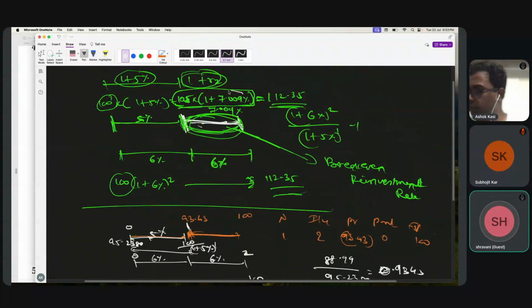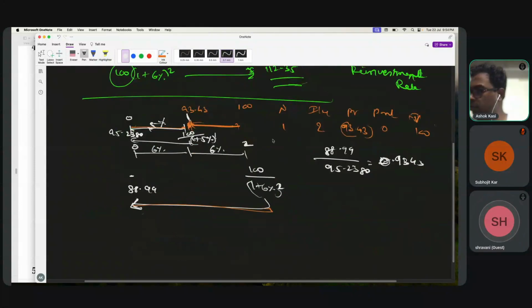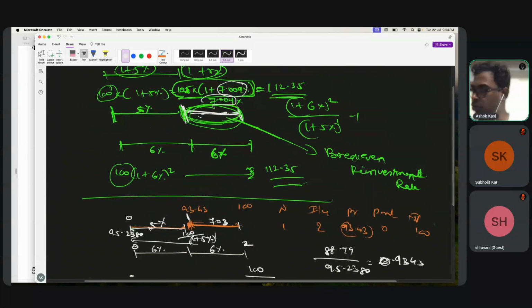You are getting 7.032, yes. 7.003, correct? No, 7.03. Okay, 7.03, fine. So that comes to 7.03, which, if we take all the decimals properly, will match up with this number, 7.009.